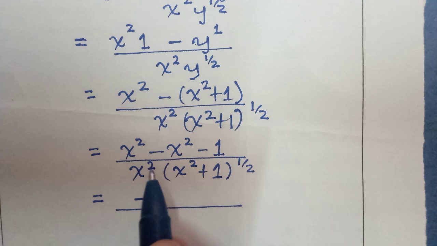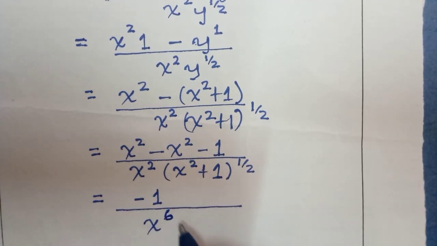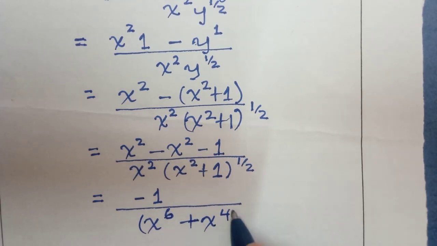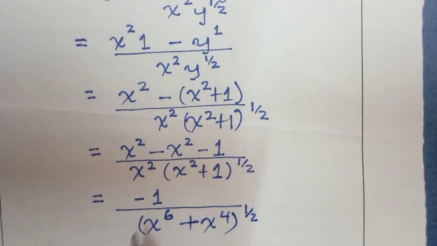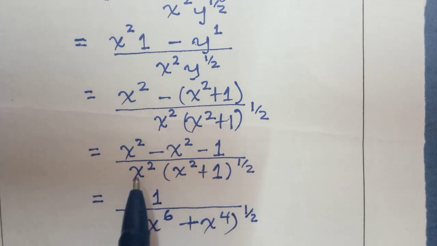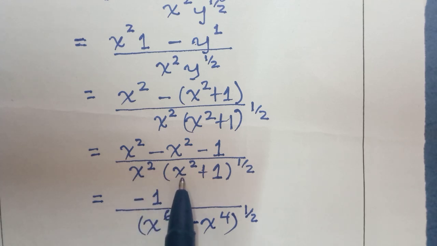x raised now to 4, you multiply there, you come to x raised to 6 plus x raised to 4, like that. Or maybe guys, I can explain that. Because this one is a square root, when you put it inside here and we do not want to change the value, we would have to square it once again.